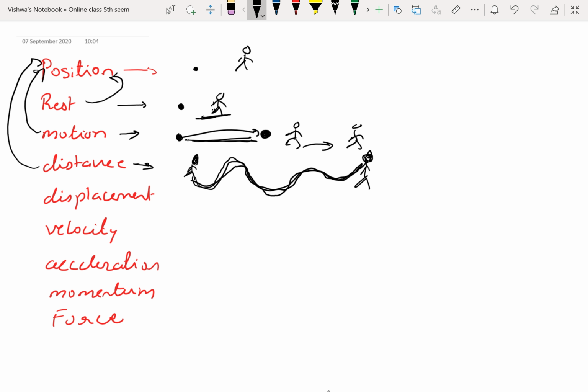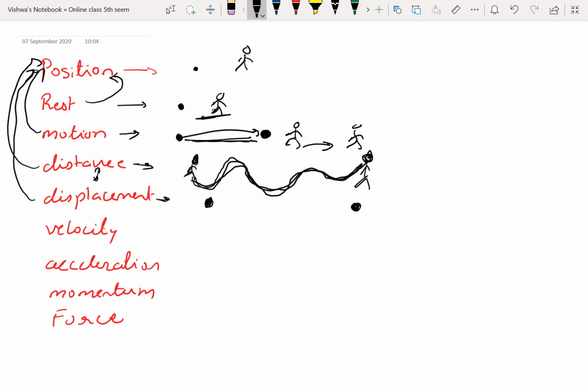And then displacement. Here again displacement is also defined based on the term position. Distance and displacement are a little bit similar, and that is possible in the case of linear motion. Now the displacement means here there is an object. After certain time intervals it comes here.